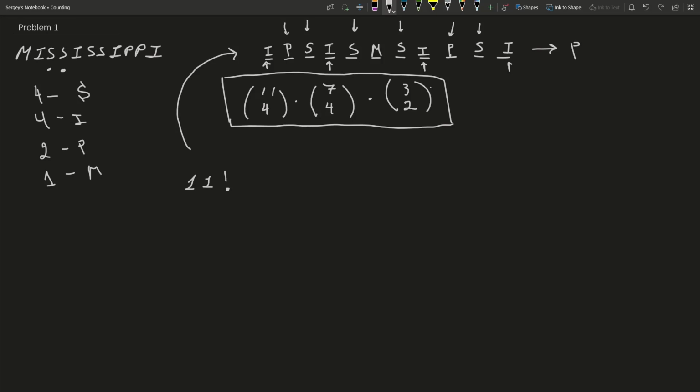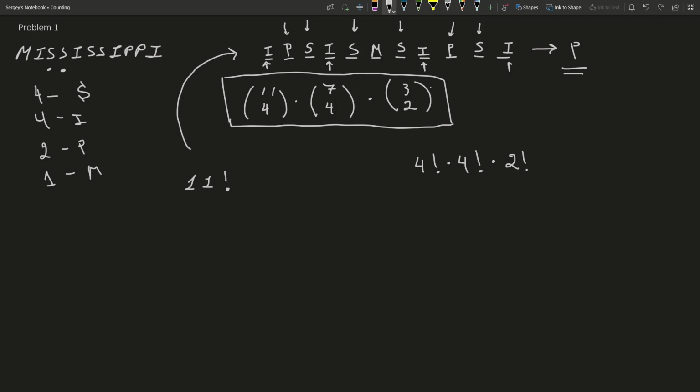So for this given P, how many permutations are there that leave it unchanged? Well, we had 4 factorial permutations of the letters S amongst themselves. For each of those, we had 4 factorial permutations of the letters I amongst themselves. For each of those, we had 2 factorial permutations of letters P amongst themselves. Now notice that P is an arbitrary permutation of the letters of the word Mississippi.